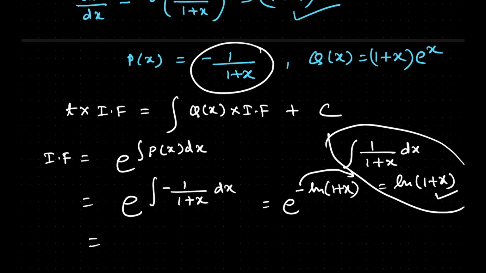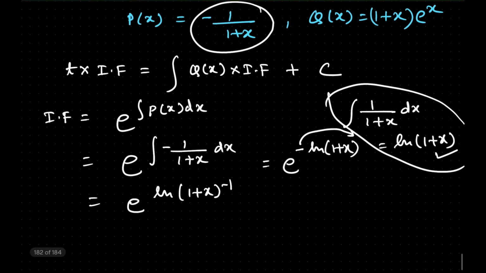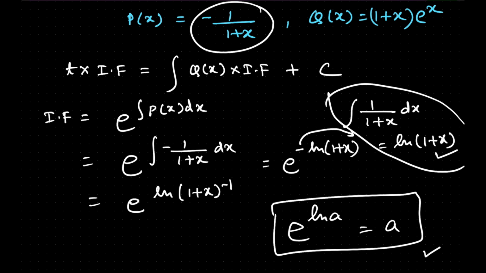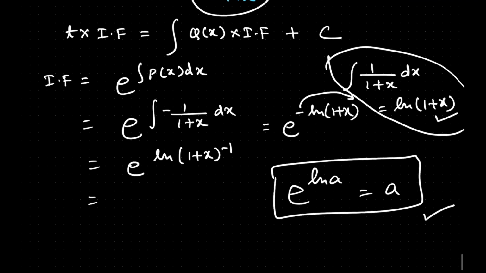So it will become e to the power of ln of (1 plus x) to the power of minus 1. And when you have e to the power of ln a, it becomes a. This is a simple log property. So here you will get 1 plus x to the power of minus 1 using this log property. So this is 1 by 1 plus x. So this is the integrating factor.